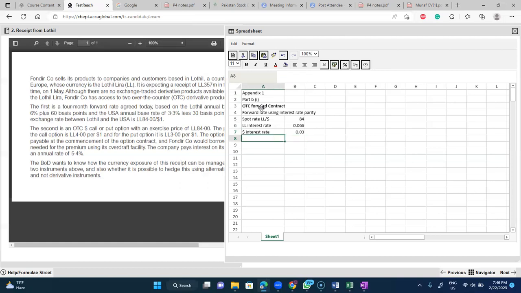Now calculate the forward rate. And the forward rate must be for how many months? It must be for 4 months, right?